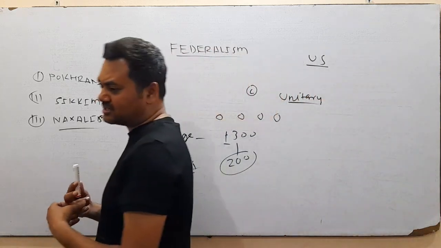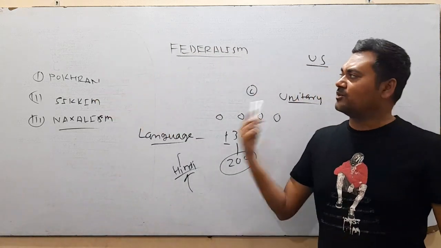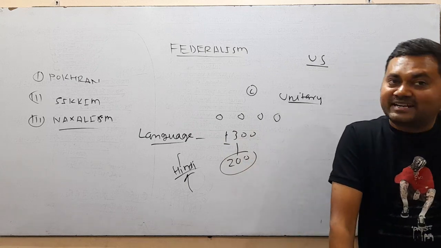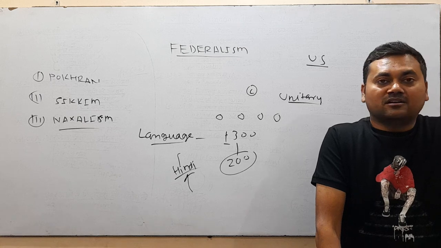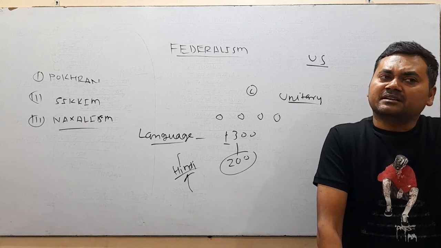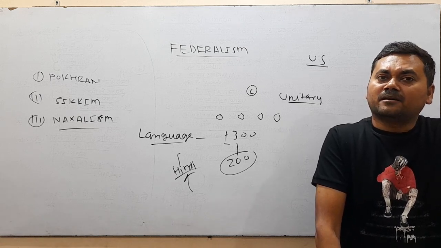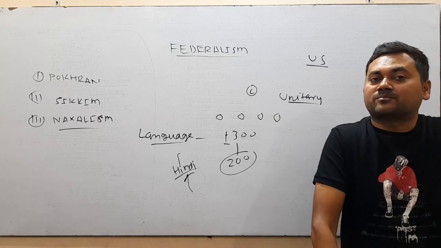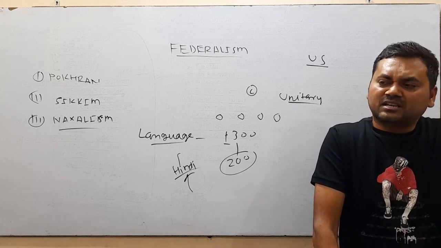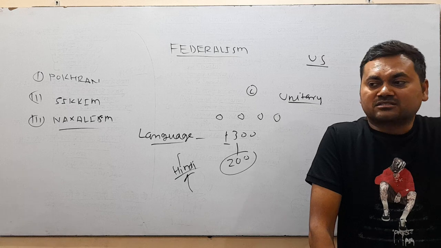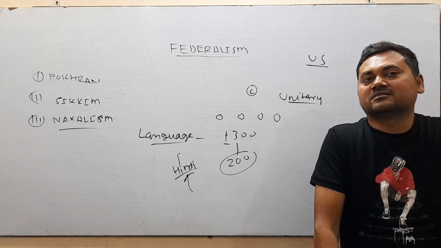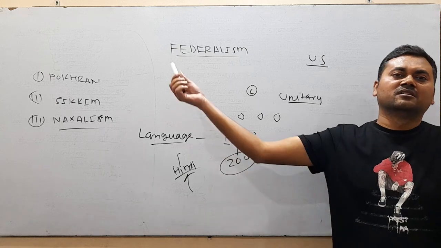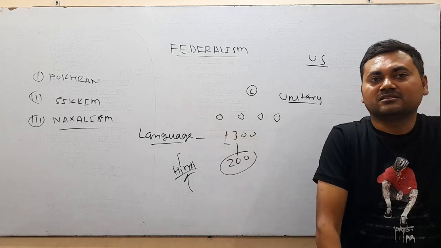So language was one of the threats, you can say, in context to federalism, but it was very easily managed by our policymakers. Yes, we lost some people in the protest of this, for instance, one person, his name is Potti Sriramulu.